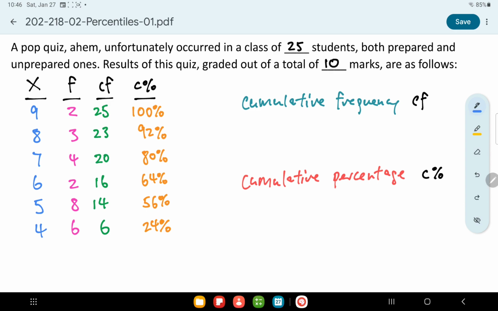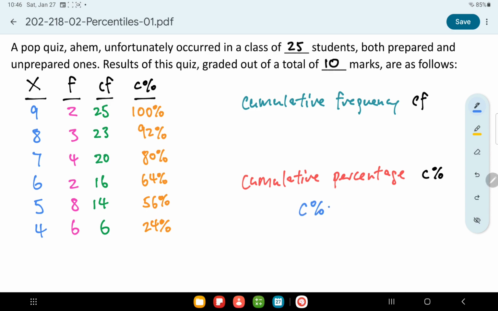Rather than simply eyeballing the cumulative percentages for the various cumulative frequencies, one way to set up a formula that you can use is this.